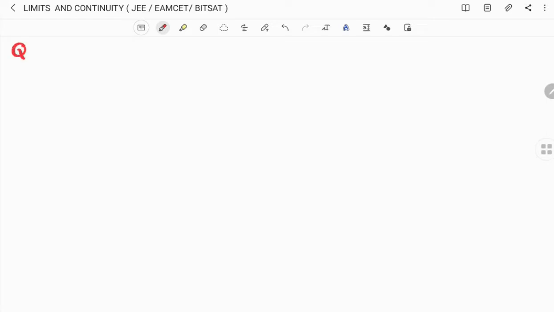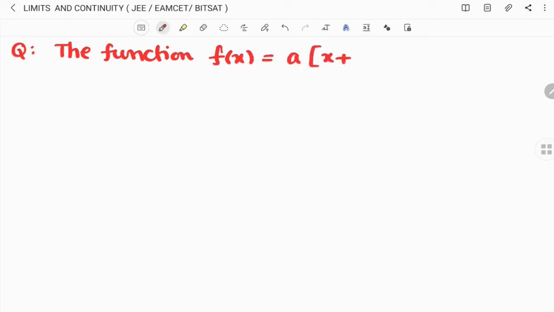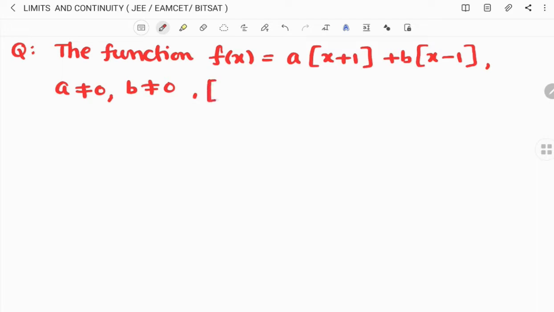The first question: the function f of x equal to a into step of x plus 1 plus b into step of x minus 1, where a is not equal to 0, b is also not equal to 0, where step x is the greatest integer function.